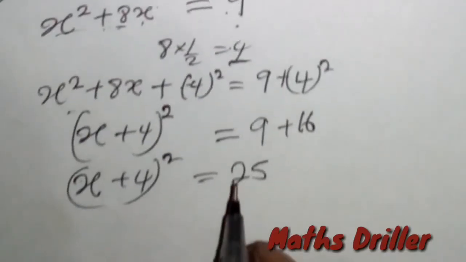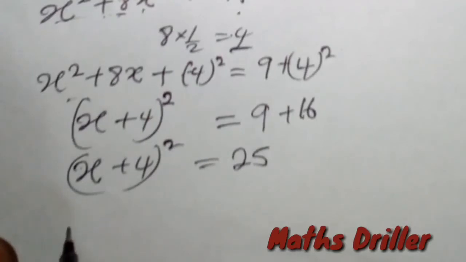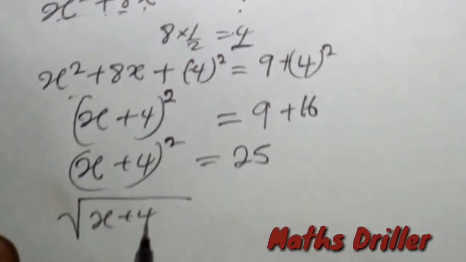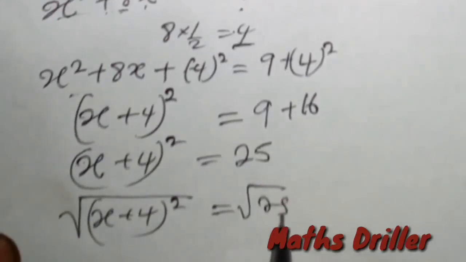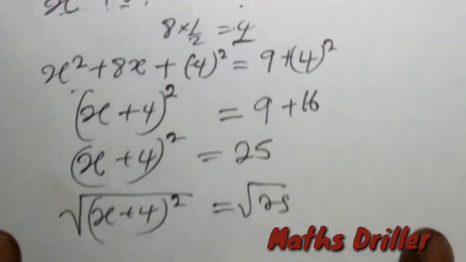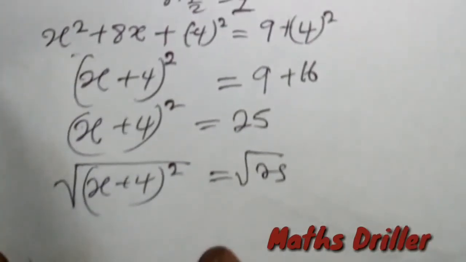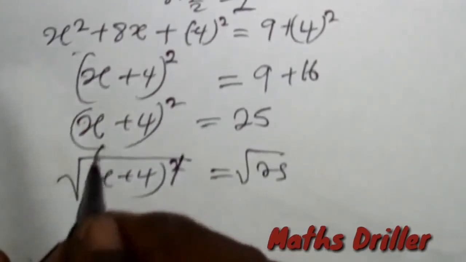You can see that in order to eliminate the square, we are going to take the square root of both sides. Therefore we have the square root of x plus 4 squared is equal to the square root of 25. The square cancels the root.